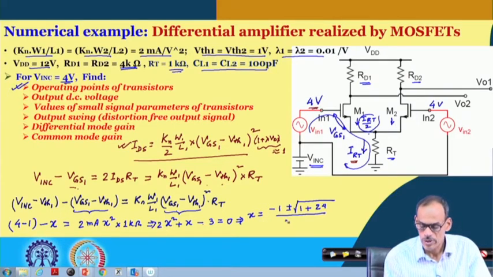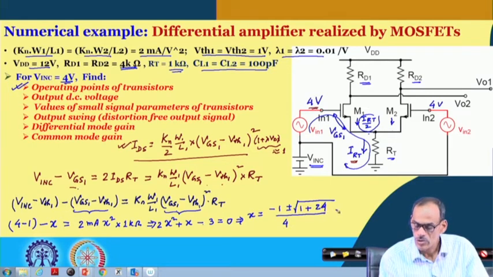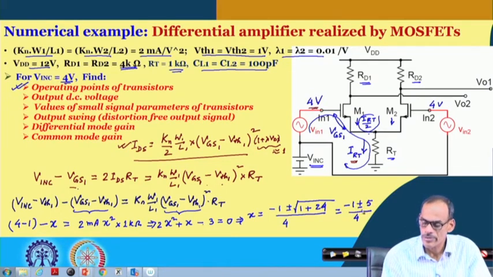So, we do have minus 1 and then plus minus. So, this is 25, that is 5 by 4. Obviously, minus 1 we will not be considering because that is not the practical value.